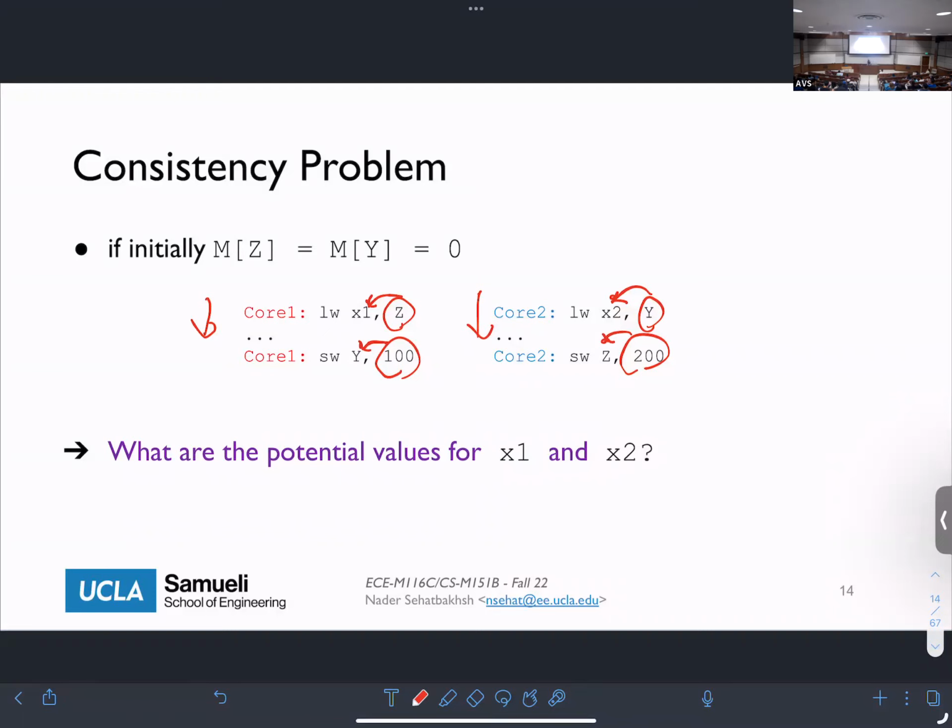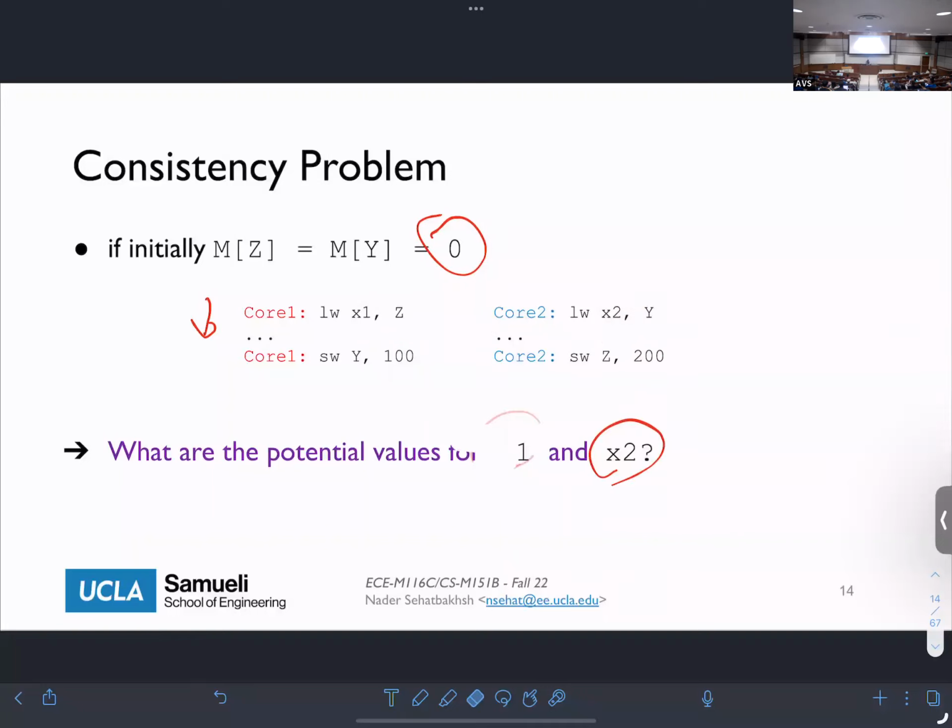So assuming that these two values are 0, can you tell me what would be the final value of X1 and X2 in this case? Any suggestion? What can potentially be the final value? Yeah, they could both be 0. How?